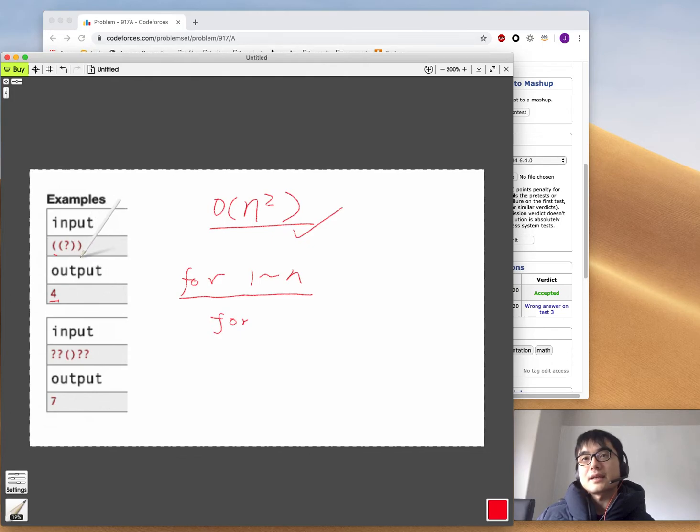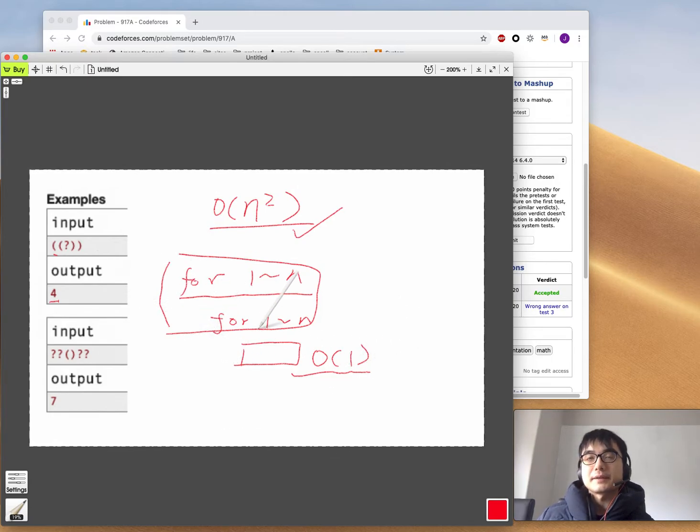In this way, we can iterate all possible substrings. And the rest is to just check if the current substring is valid or not, right? And it has to be completed in O(1) time, right? Because the two for loops already consume n squared complexity. So the checking process must only take O(1) time, right?